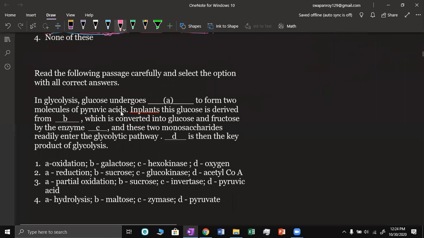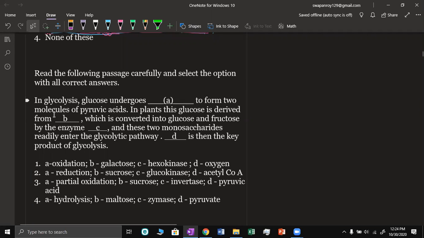Here is a question, a little bit different type. There is a passage with blanks, and you have to fill them with the appropriate word from the options.